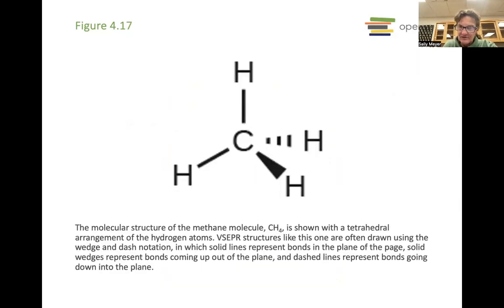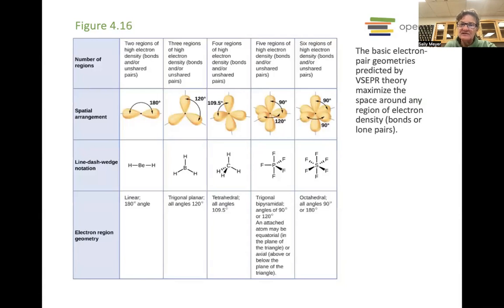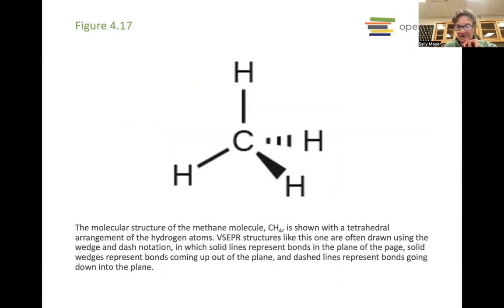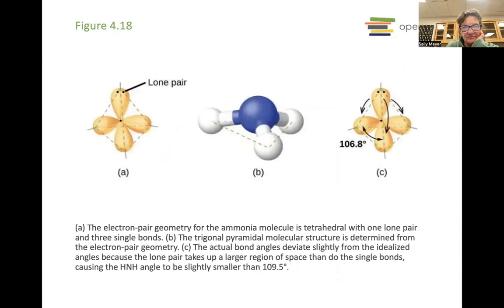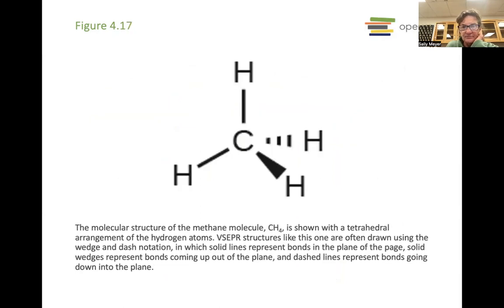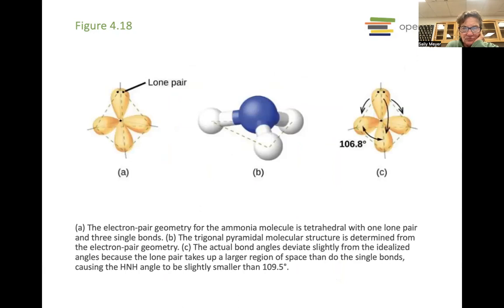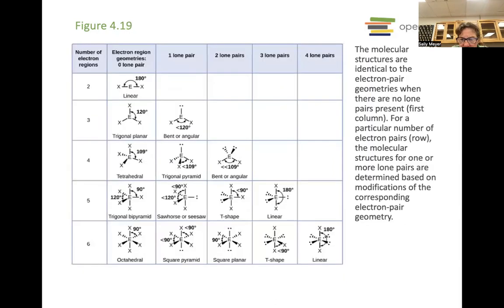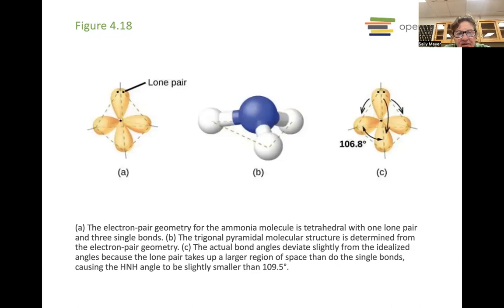So when we look at this structure, we have 4 regions of electron density. They're all bonding. And that means that this is going to be 109.5 degree angles within methane, which is also called tetrahedral. Okay, so now if we have ammonia, ammonia is slightly different in that if you look at it on the far left, 3 of the pairs of electrons are the nitrogen in the center bonded to hydrogen, but then it also is left with a lone pair of electrons.